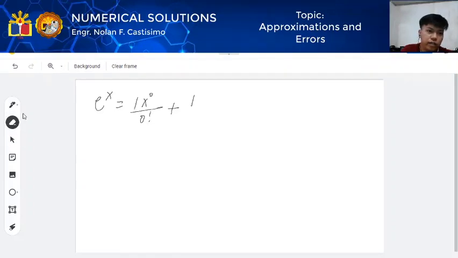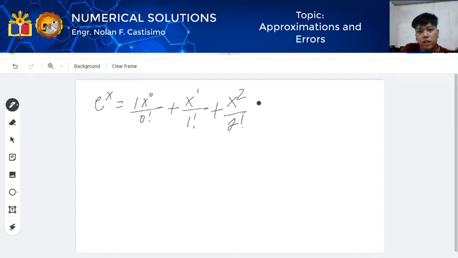Alisin na lang natin yung 1. No? Alisin na natin yung 1. Kasi hindi din naman pinoconsider. Okay, so x raised to 1 over 1 factorial plus x squared over 2 factorial plus x cubed over 3 factorial.